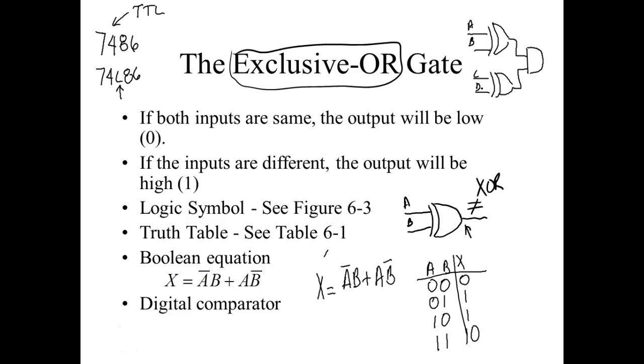That makes sense? So we can expand the capabilities of exclusive ORs by adding ANDs to them, or negative ANDs. So you'll see this done.